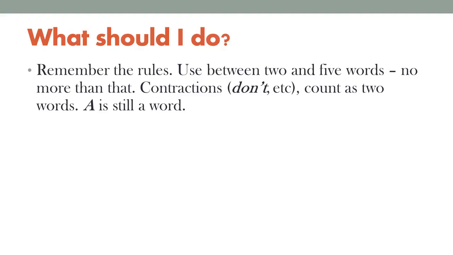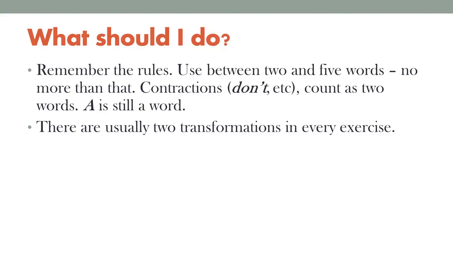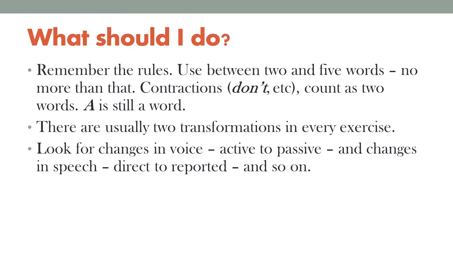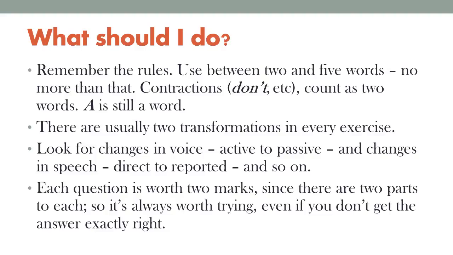Contractions, where you combine 2 words, count as 2 words, and the indefinite article a or an is still counted as a word. There are usually 2 transformations in every exercise, and this is why each question is worth 2 marks. So look for changes in voice, perhaps active to passive, direct to reported speech, going from a particular verb to a phrasal verb, but there should be 2 of these.